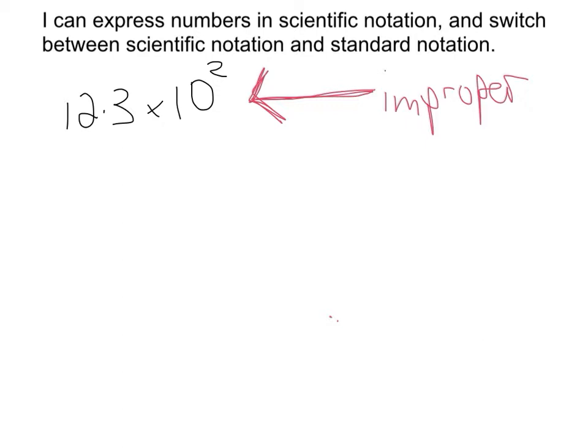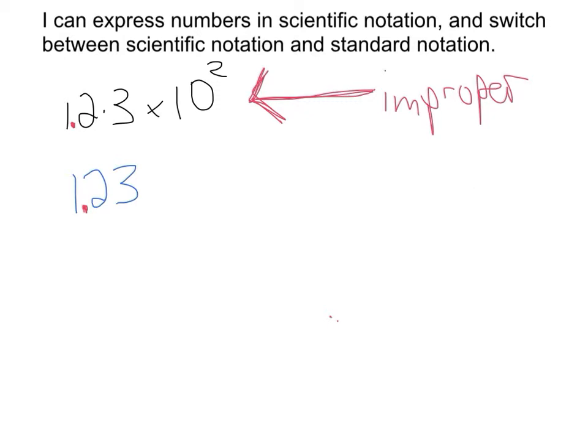I'm going to copy down the significant figures, 1, 2, 3, and then I'm going to put the decimal point in between the first two significant figures, right here, in between the first two numbers, 1.2, and I'm going to replicate that up here.